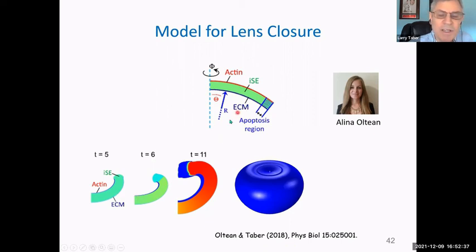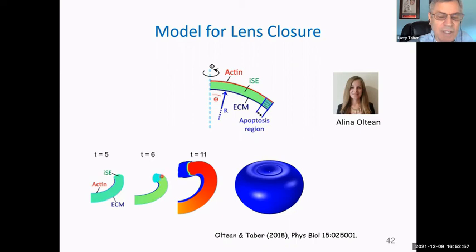So first, the contractile fibers were activated. That forced the curvature to reverse, and the lens started to close, but only to a point. It could not overcome the compression that developed in the lens alone.